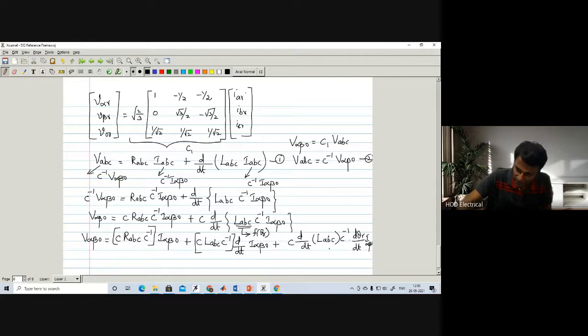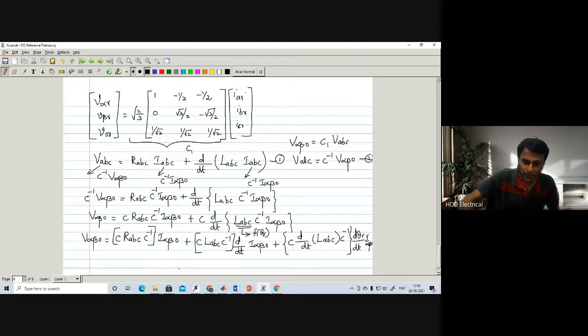Then the variable theta r inside also we have to differentiate with respect to time, so that we can write d theta r divided by dt. Let me rearrange this equation in another form.